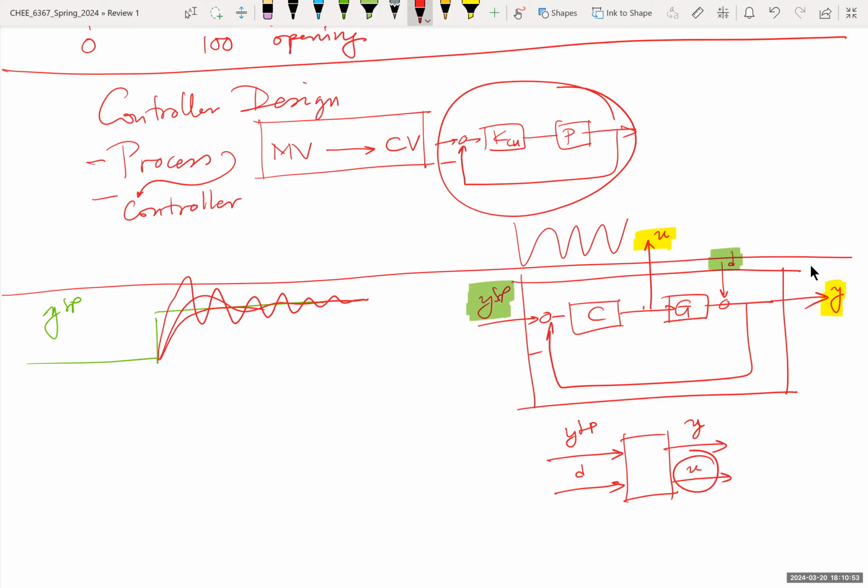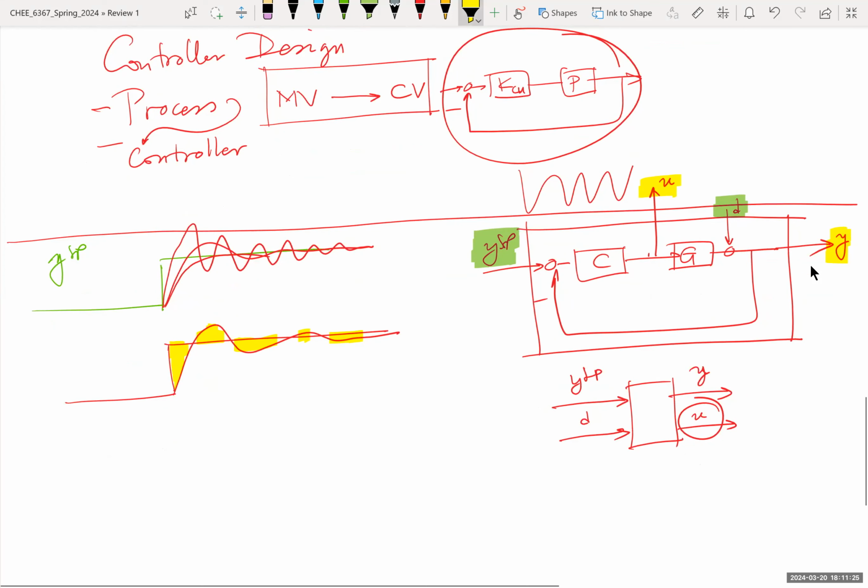And how do you assess this? Well, you can assess it by looking at things such as the squared error or the absolute error. So if this is my response, the error here is this plus that. If you just sum up the areas, this is just the absolute error. If you take the square of these and sum them up, it's the squared error and so forth.